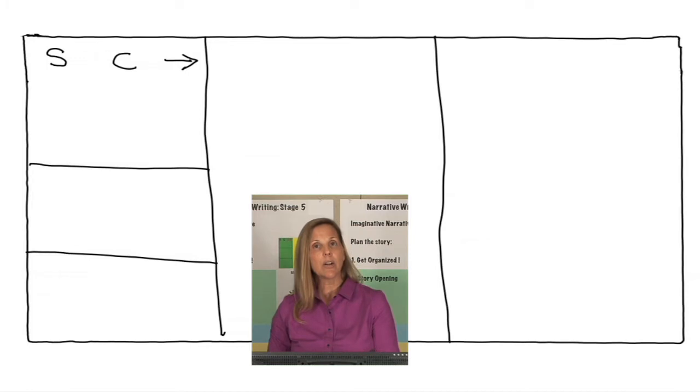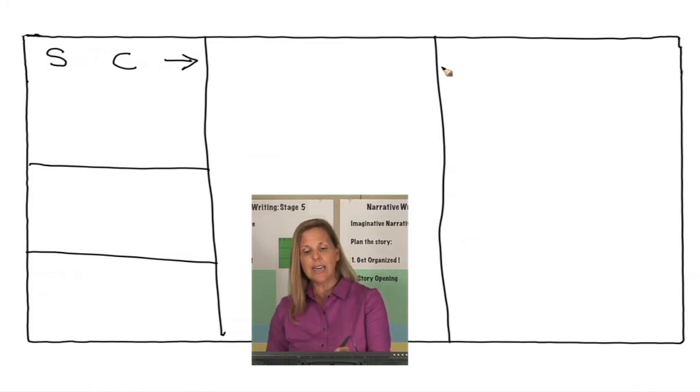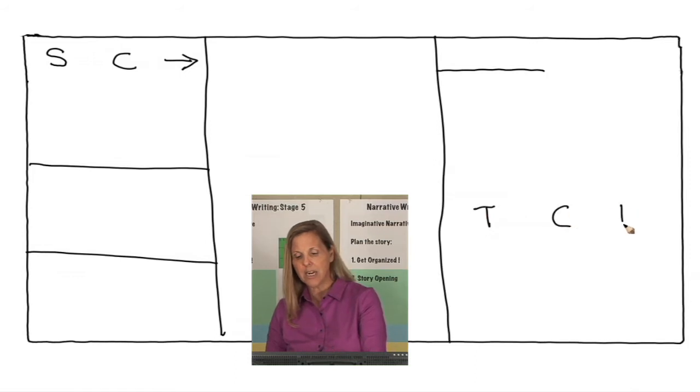Then we'll have our middle. We're going to keep that blank until we need to list it out. And then finally, at the end, I'm going to draw a line here for our ending box. I don't know how many actions or reactions we'll have here, but we'll have at least one sentence for the ending. And then we'll have a TCR.